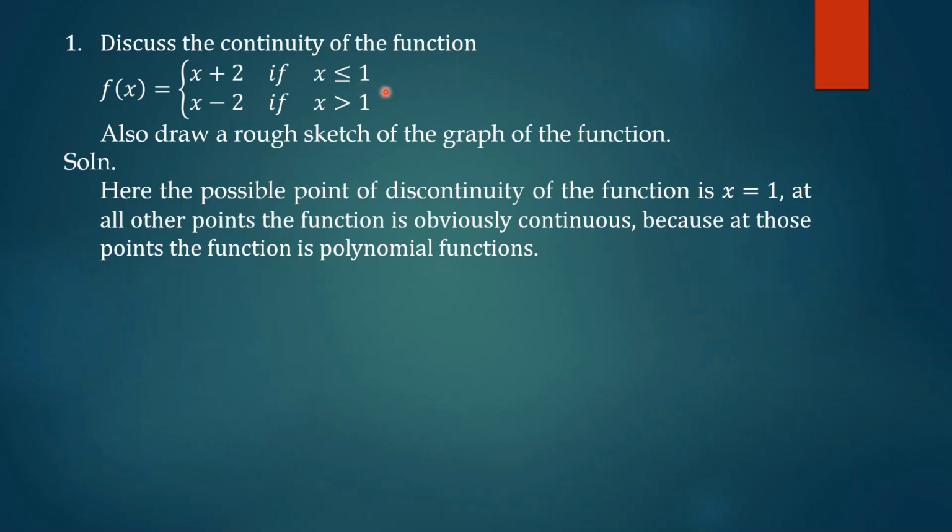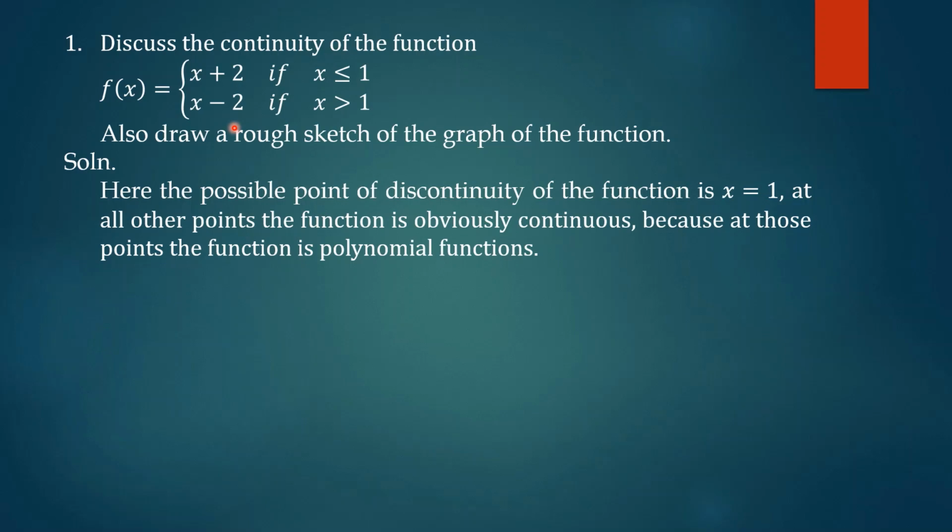At any other point, when x is less than 1, f(x) is equal to x plus 2. This is a polynomial function, you know that. And when x is greater than 1, f(x) is equal to x minus 2, and obviously that is also a polynomial. We have a theorem that polynomial functions are always continuous, everywhere continuous.